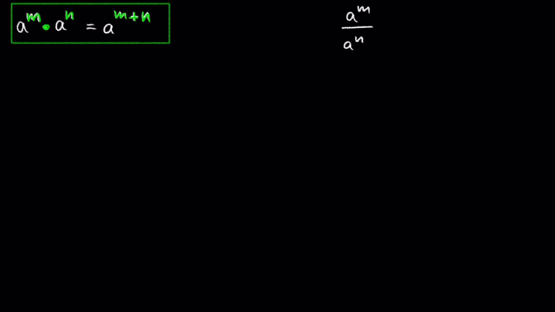Similar to that, when we divide exponents with the same base, we keep the base and subtract the exponents. A raised to the power of m divided by a raised to the power of n is the same as a raised to the power of m minus n.